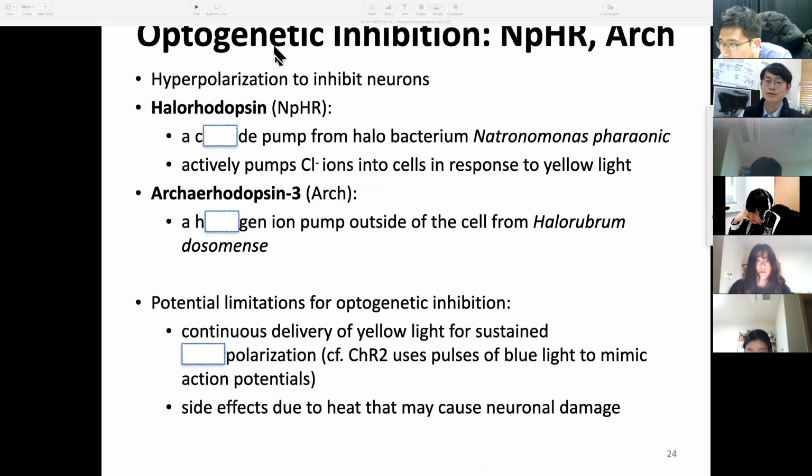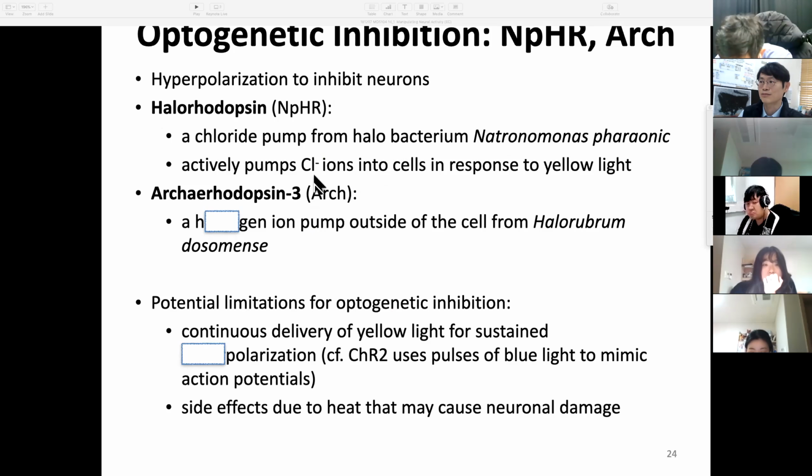Okay, so that's optogenetic inhibition with NpHR and archaerhodopsin. What does it do? It hyperpolarizes so that it inhibits neural activity. There are two kinds. Halorhodopsin is a chloride pump from halobacteria.